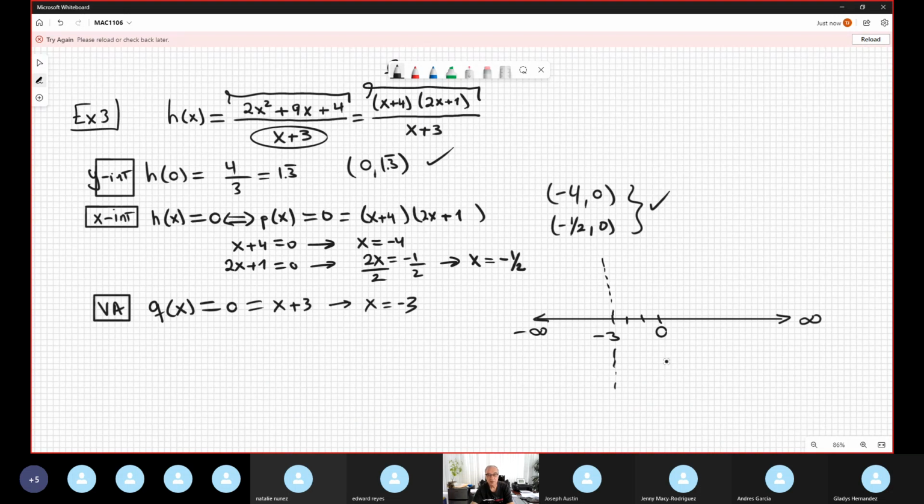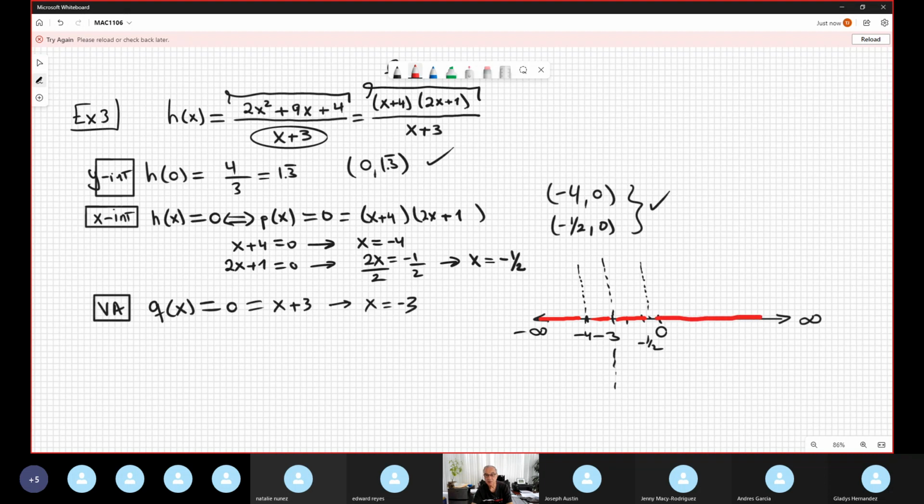I know that negative 4 is an x-intercept, and negative 1/2 is another. I don't care about the y-intercept because it's on the y-axis. So basically, we have 3 partitions. Therefore, we have 4 intervals: this interval, this interval, this interval, and this interval.